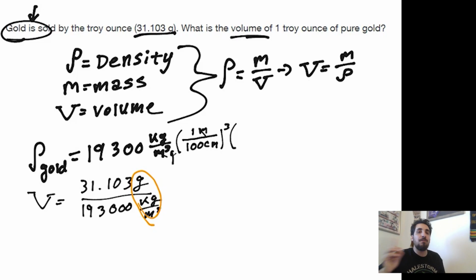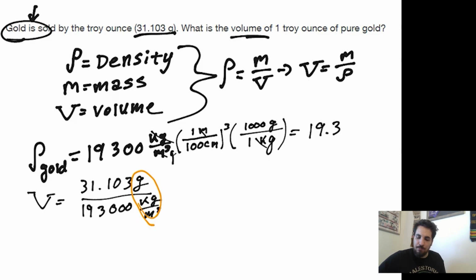And then we convert from kilograms to grams, and it is 1,000 grams is 1 kilogram. And that cancels out our kilogram. And what we end up with is a density of 19.3 grams per centimeter cubed. Now this is, again, a common way we represent density in grams per centimeter cubed.